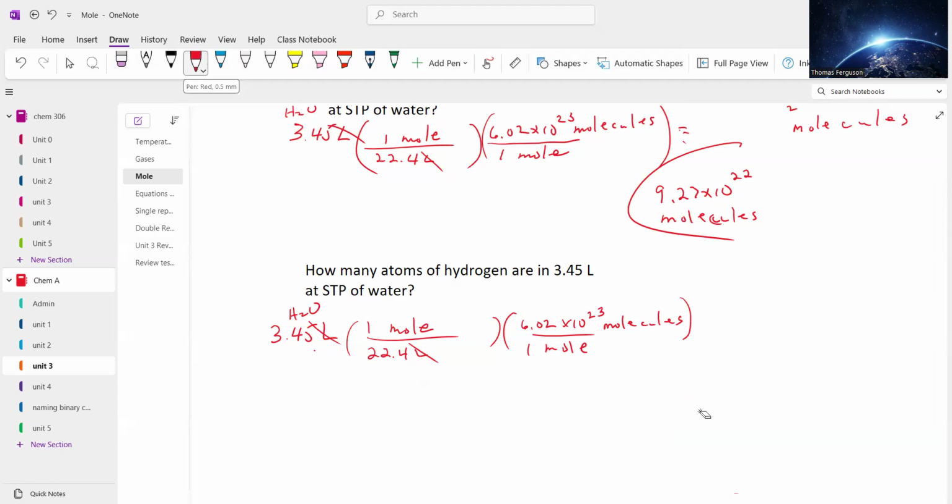Well, 5 by 2, because there are 2 wheels per bicycle. Okay. Now let's go to water, H2O. How many H's are in a molecule of water? 2. We have a new conversion factor, because right now we're at molecules, not atoms. We have to put one more conversion factor in: 2 H atoms for 1 molecule.